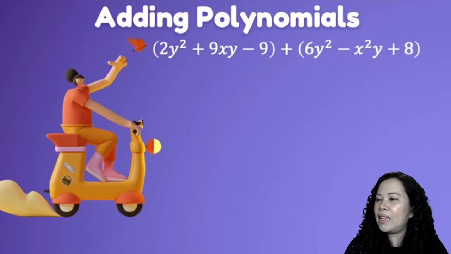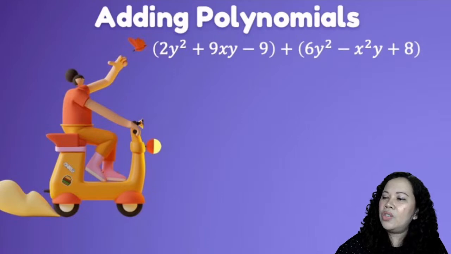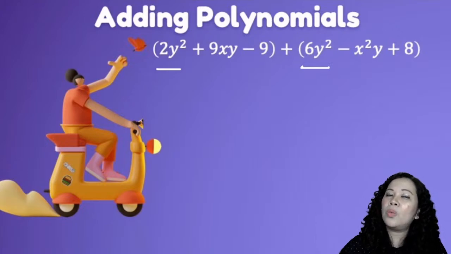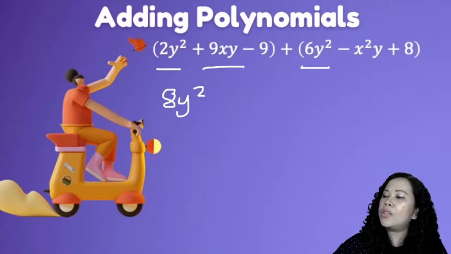This will be, I think, the last of your adding polynomials. So again, check 2y squared, 6y squared, the same term or like terms, we add 2 plus 6, we have 8y squared. And then you have 9xy, there's no 9xy on the other side, so plus 9xy.